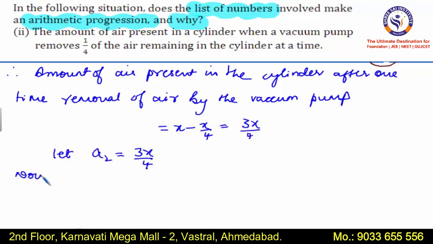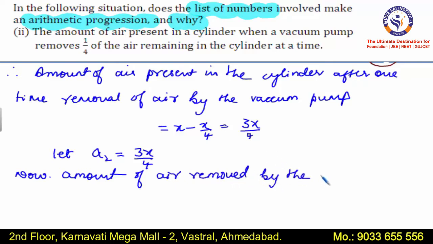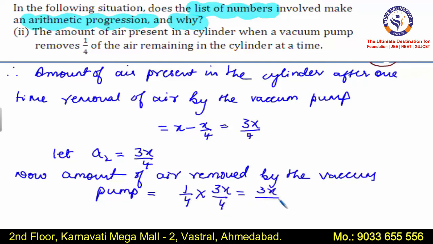Now, the amount of air removed by the vacuum pump is given by 1 upon 4 of A2, that is 1 upon 4 into 3x upon 4, which is equal to 3x upon 16.